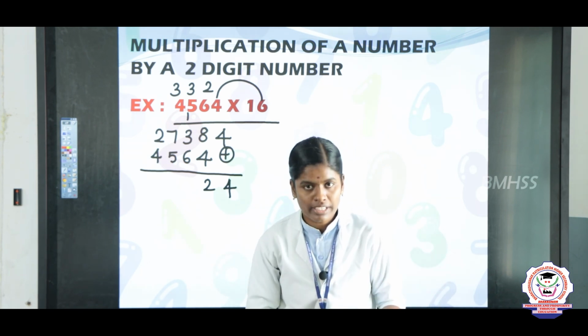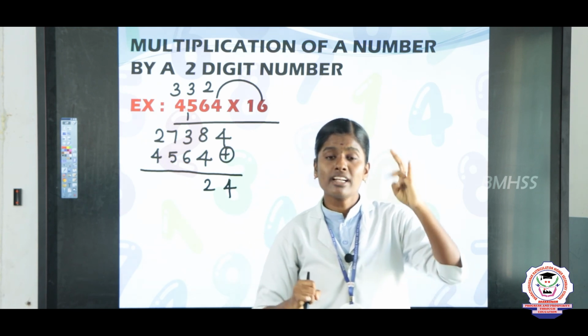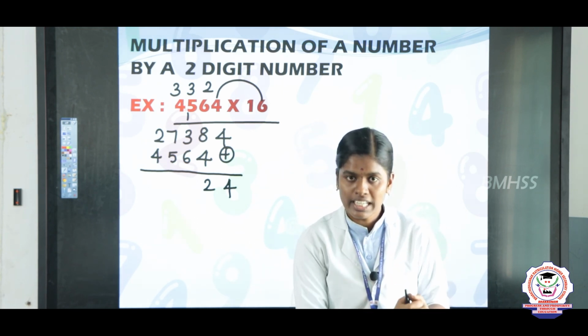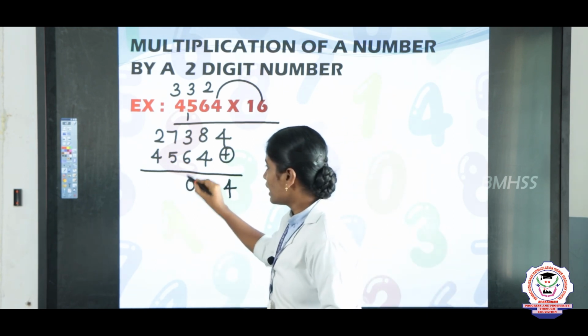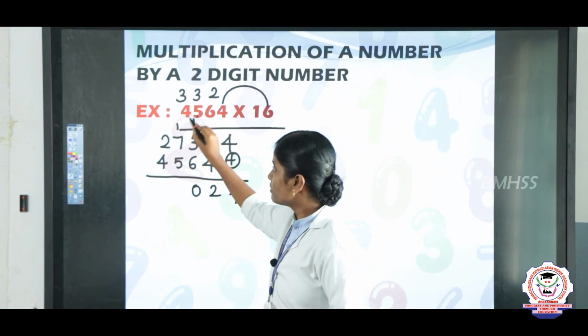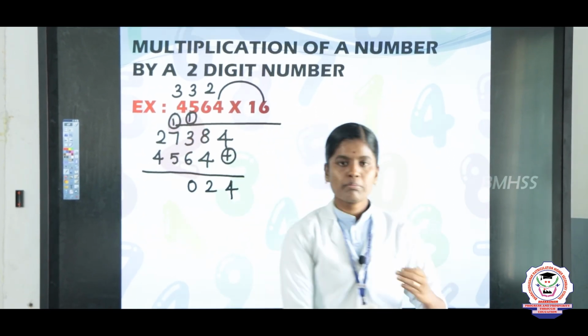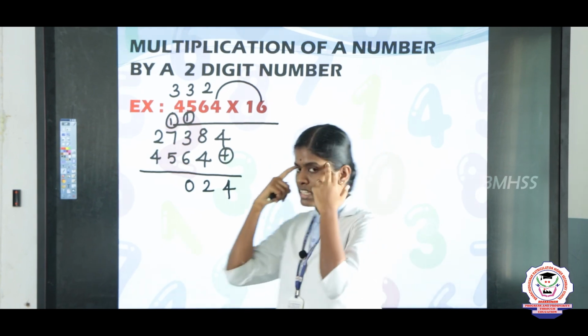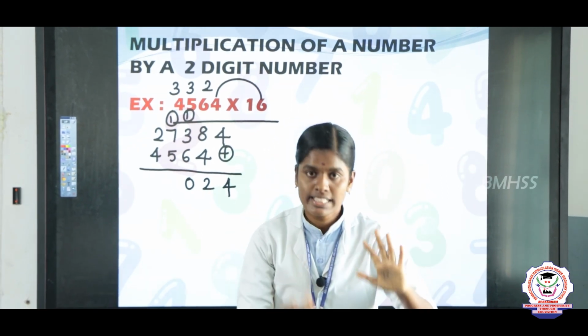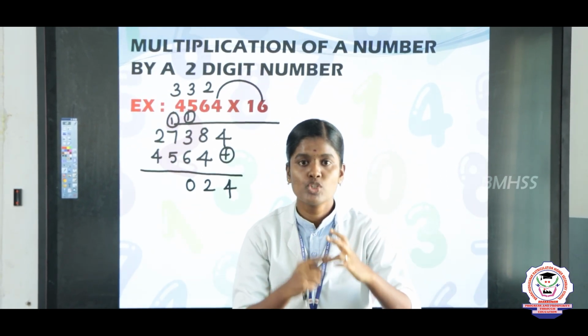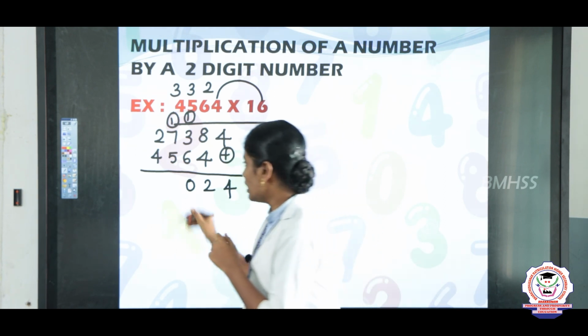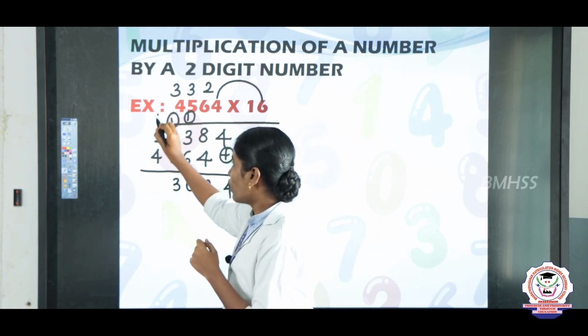So 4 after 5, 6, 7, 8, 9, 10. What is the answer? 10. So 0, carry 1. Next, take 1 plus 7, the answer is 8. 8 in the mind, 5 in the finger. So 8 after 9, 10, 11, 12, 13. Okay, so 13, write 3, carry 1.